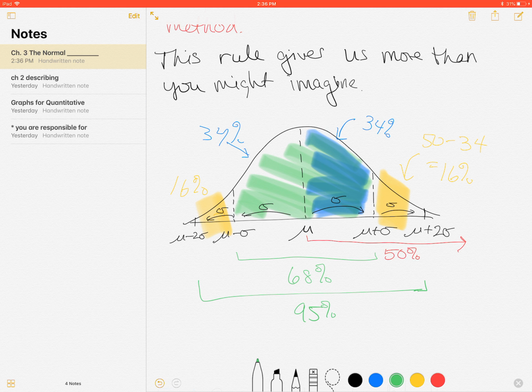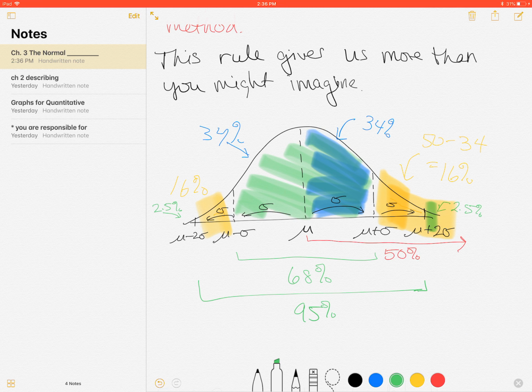Well, that means the 2 sides we're not including is the leftover 5. Half of that leftover 5 is 2.5%, and the other half is 2.5%. So this middle is 95, that leaves 5 for the outsides, and it gets broken in half. Okay, now, technically this yellow goes on forever.